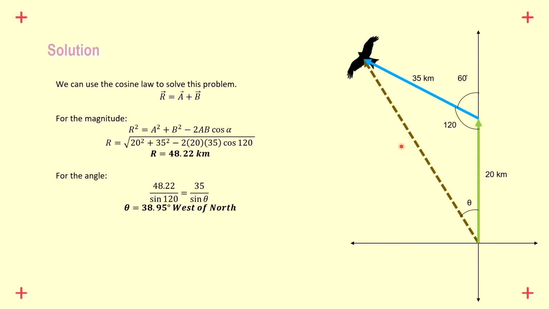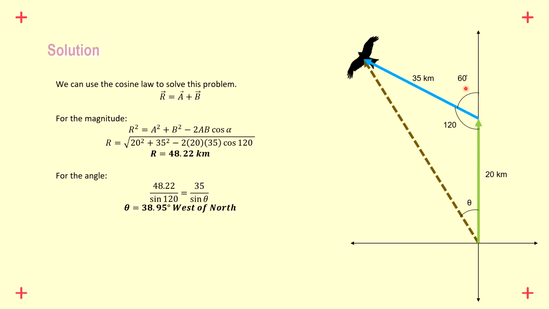For the magnitude, we can simply use the trigonometric laws here. We can specifically use the cosine law because we have two sides and an included angle, which we can easily obtain if we consider that this makes up a straight line, and the supplementary angle for 60 is 180 degrees minus 60, which is 120.